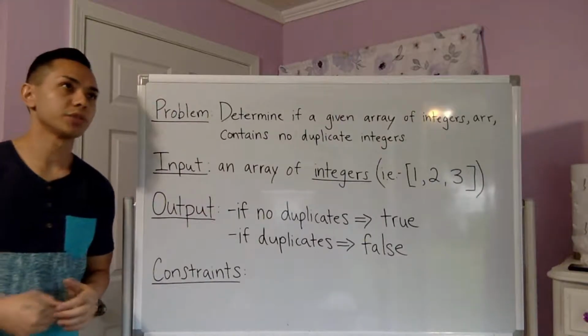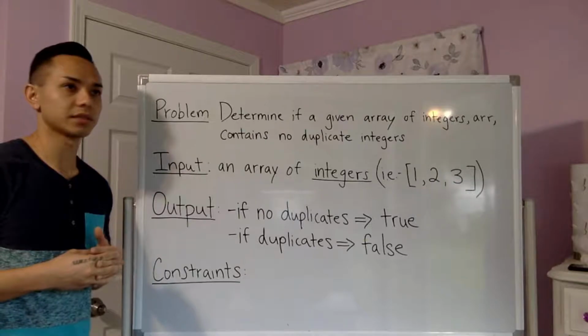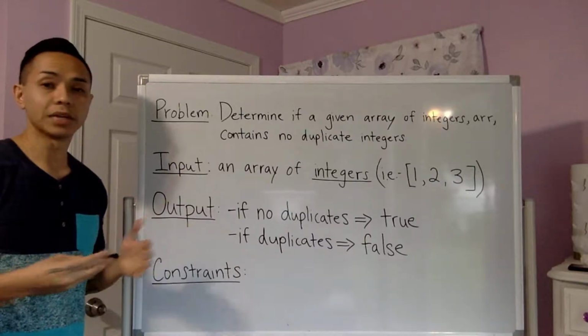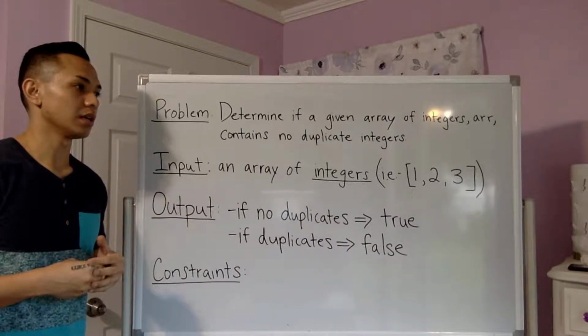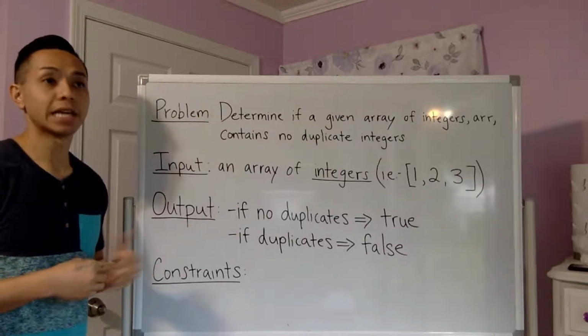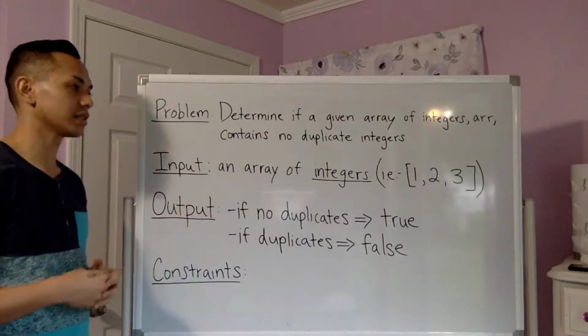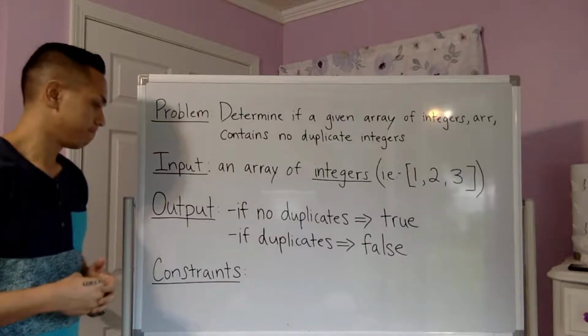Constraints. In this particular problem, Bianca did not mention any specific constraints. I would probably ask something like, can these integers be negative, or do they have to be non-negative, I guess? That's about it.